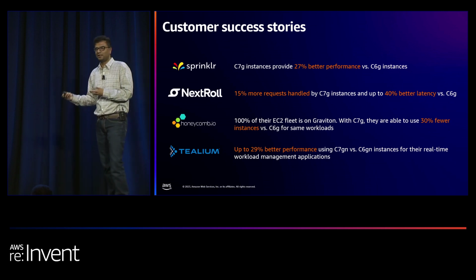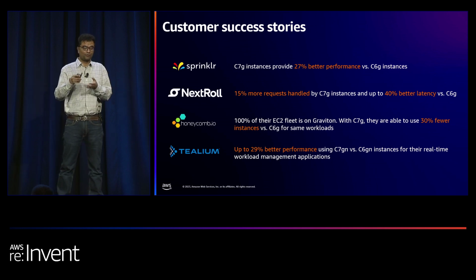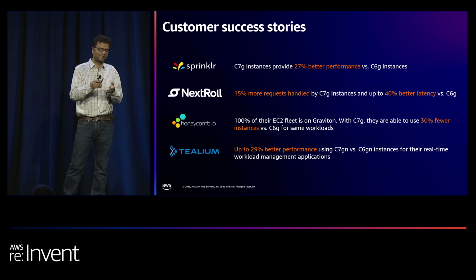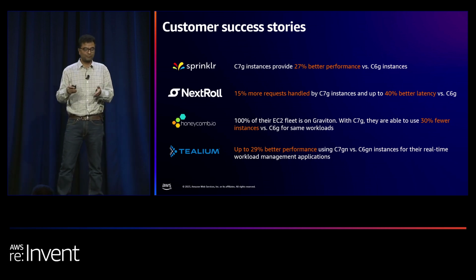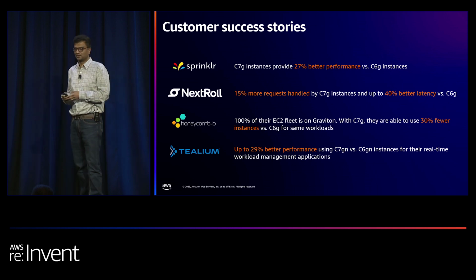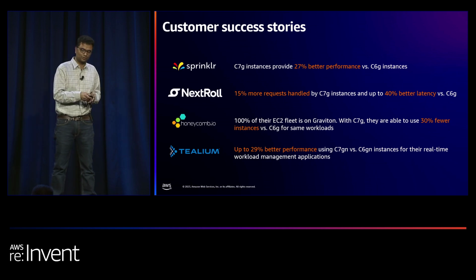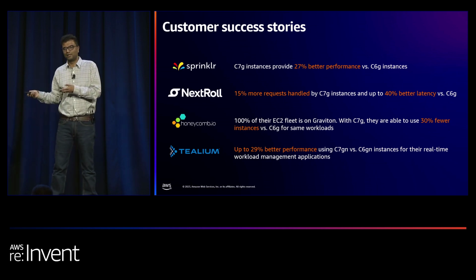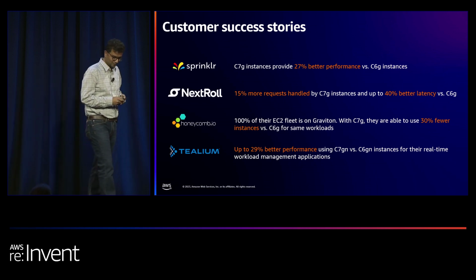A customer like Telium has been able to use our high networking variant of C7G instances and get 29% better performance for their real-time workload management application. So the meta theme in here is that Graviton instances have saved cost for our customers, and their customers are getting the best price performance on Graviton-based instances.